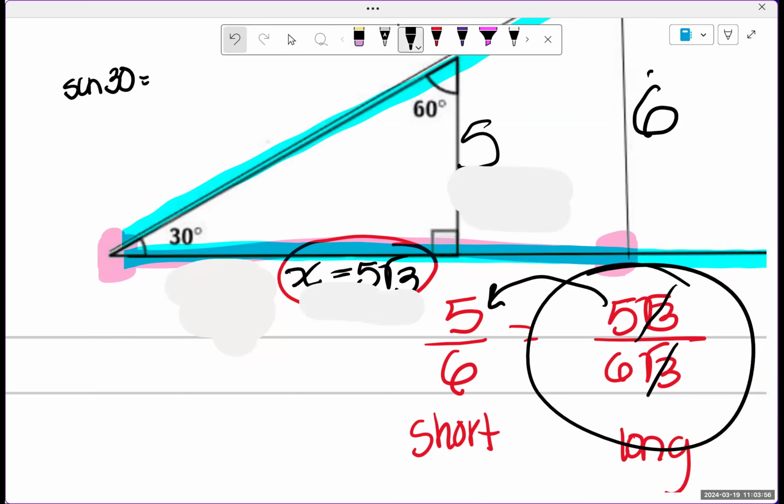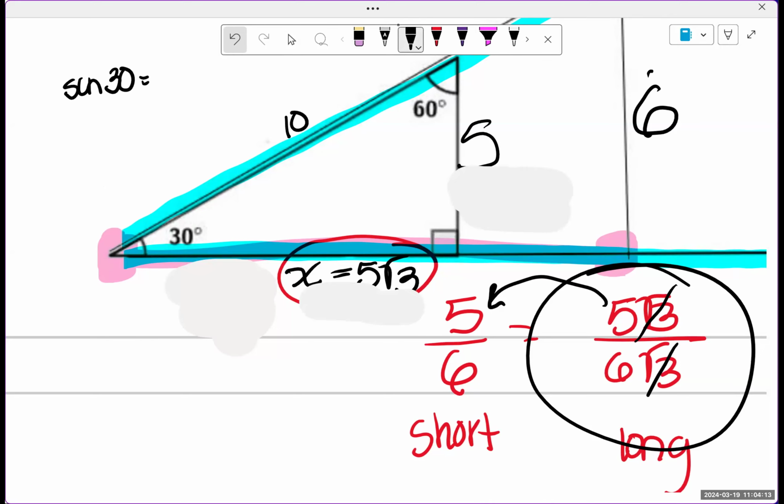Now remember, these triangles are right triangles. So if they have a 30 and a 90, they are similar and their sides are in proportion. Okay, I don't want to do that. Sorry. Strike the record.